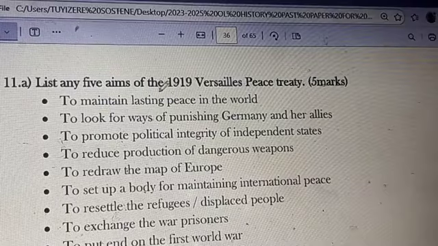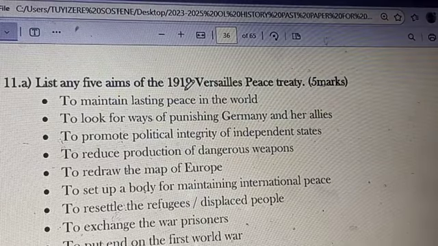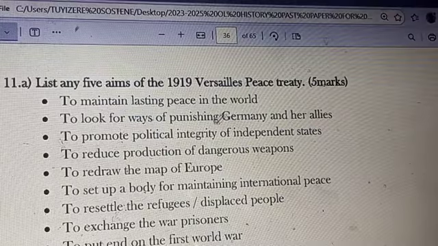Here we have the aims of the 1919 Versailles Peace Treaty.